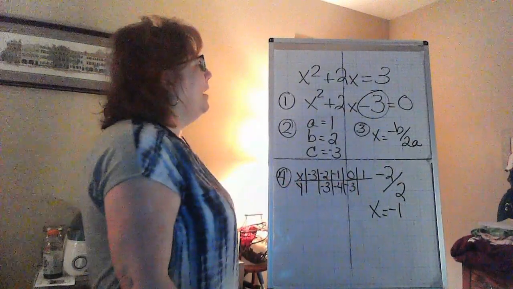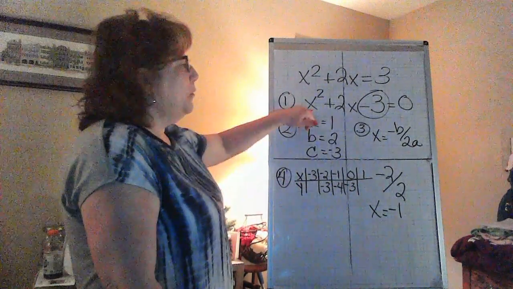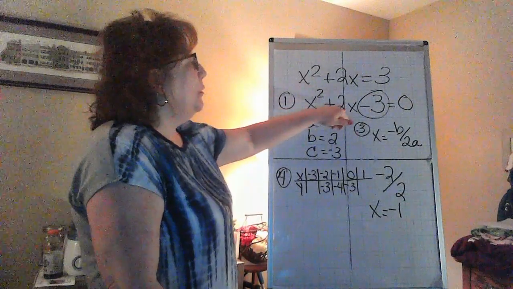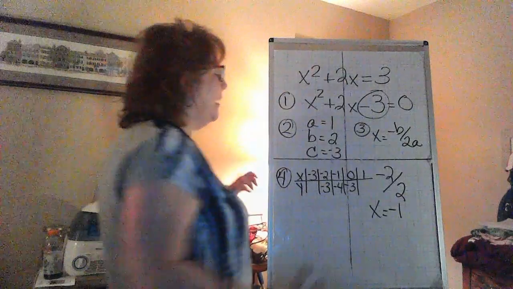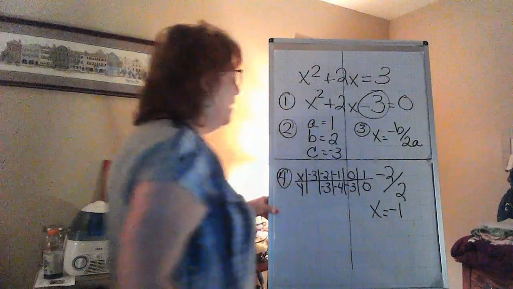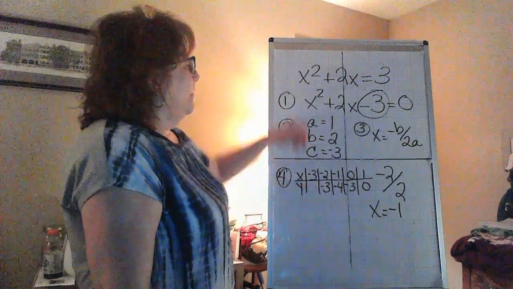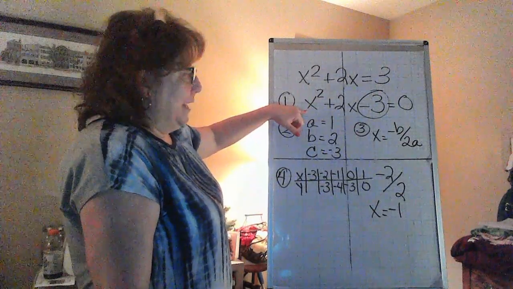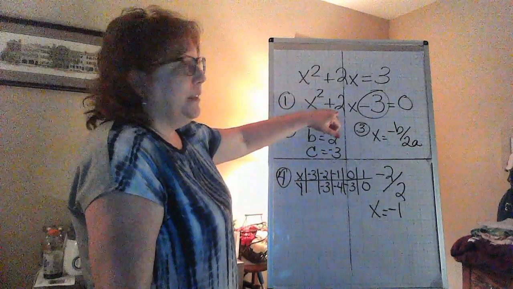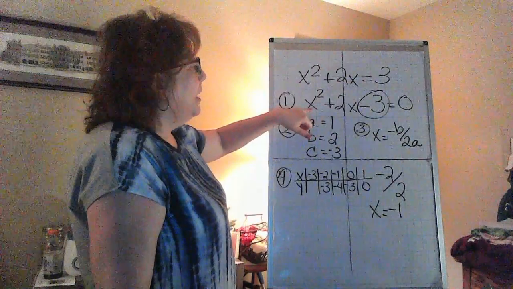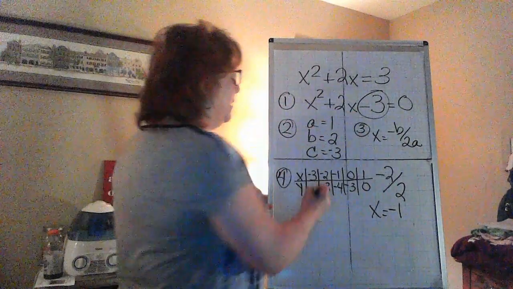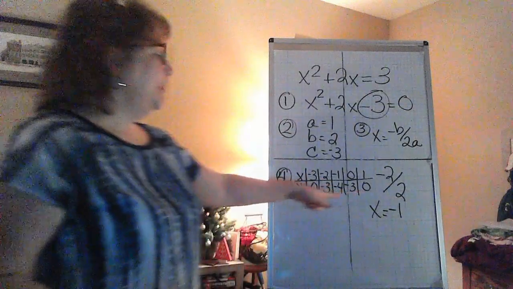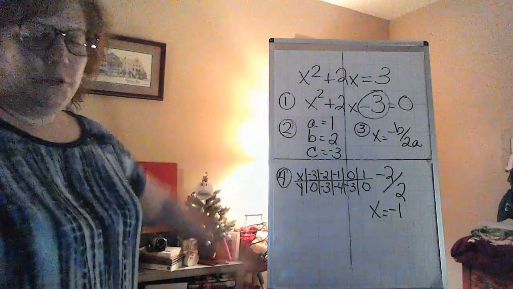Now let's stick 1 in. 1 times 1 is 1. 2 times 1 is 2, so 1 plus 2 is 3, minus 3, and we have a 0. Negative 3 times negative 3 is 9. 2 times negative 3 is negative 6, so 9 minus 6 is 3, minus 3 is 0. And there is the other mirror image.